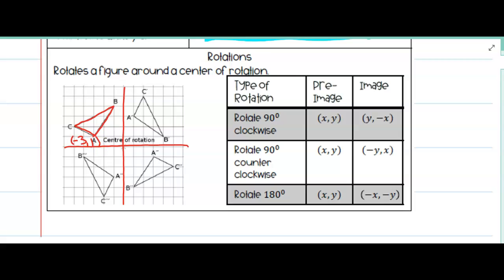B is at the point negative 1 comma 4. And C is at the point negative 5 comma 2.